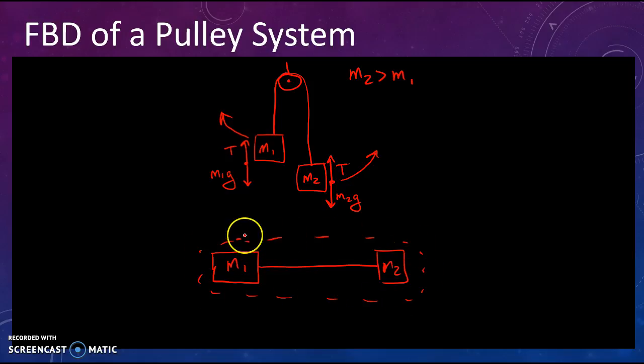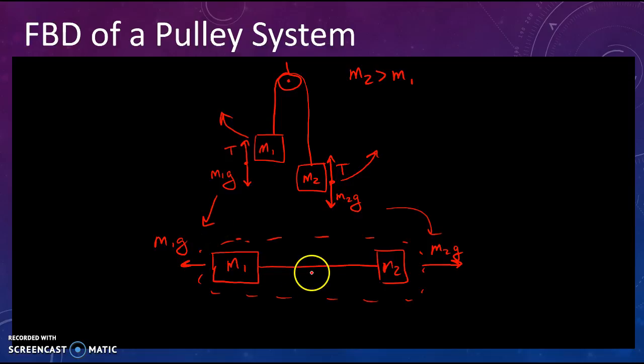So I draw a dotted box or oval around this. That's all one system. And this would behave the same way as if I had two blocks tied together horizontally, and I exerted a force in this direction of M2g, which is where that comes from, and I exerted a force in this direction of M1g, which is where that comes from. This simplifies the system a lot.